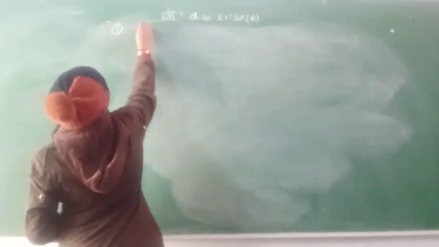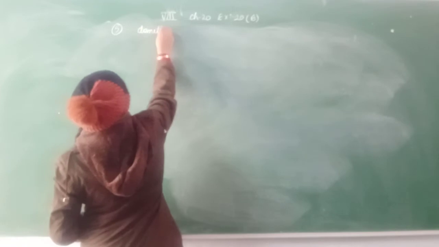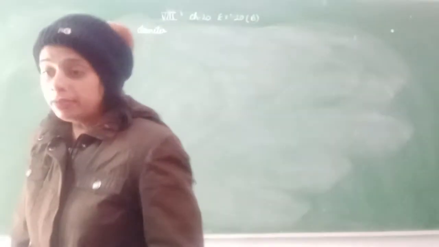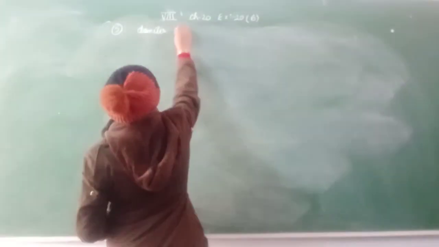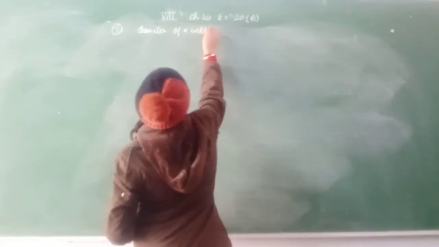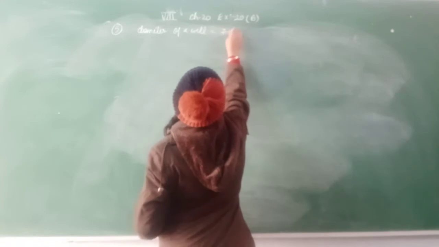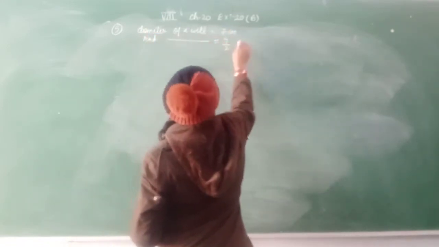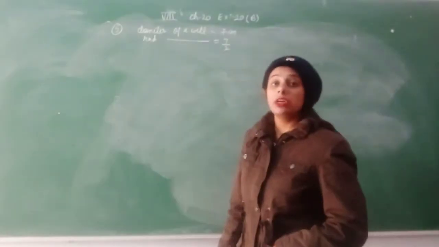Diameter is given here. By using the diameter, we can find out the radius of that well. The diameter is 7 meters. So diameter of a well that is cylindrical, that is 7 meters. So the radius of that well will be 7 by 2. So the half of the diameter is your radius.